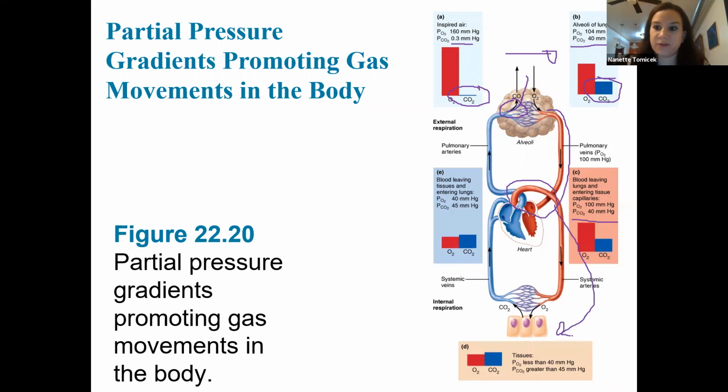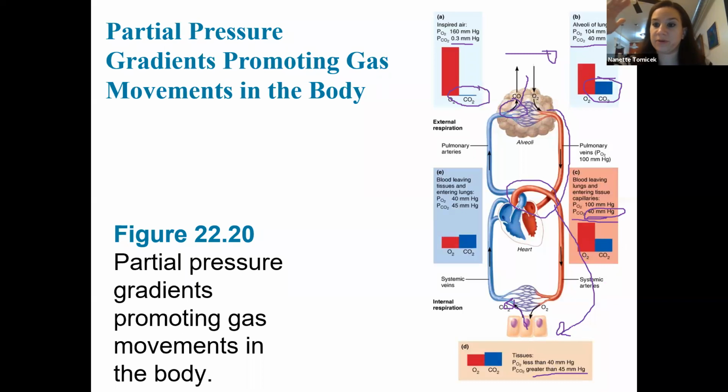The tissues have used their oxygen, they've metabolized, and they've actually increased their CO2 concentration. So it's going to be about 45 millimeters of mercury here. 45 is bigger than 40. So the pressure is for CO2 to diffuse out of the tissues and into the capillary bed on the venous side. So we're going to get rid of it.